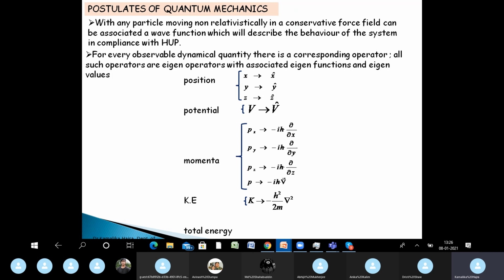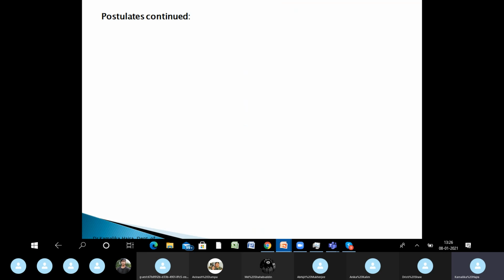Kinetic energy in three dimensions: minus h cut square by 2m del square. Total energy: minus h cut square by 2m del square plus V, or i h cut del by del t. So all the dynamical variables are representable in some form of a differential operator.